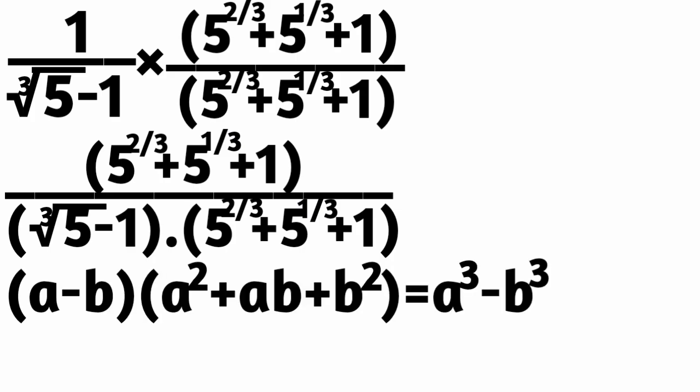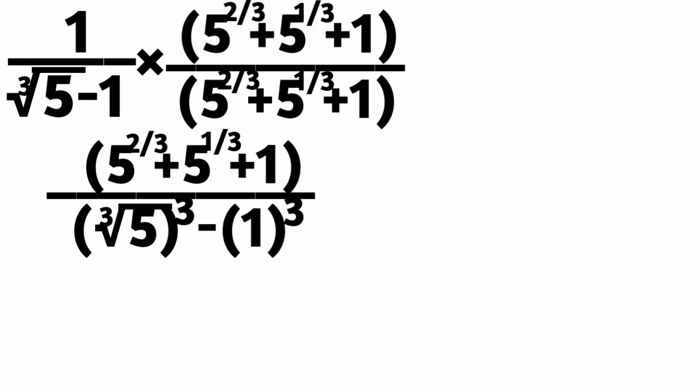But we know that the denominator has the form of a cube minus b cube, which is equal to (a minus b) into (a square plus ab plus b square). So we can use this formula in the denominator to make it simple, and so the denominator will become (cube root of 5) whole cube minus 1 cube.